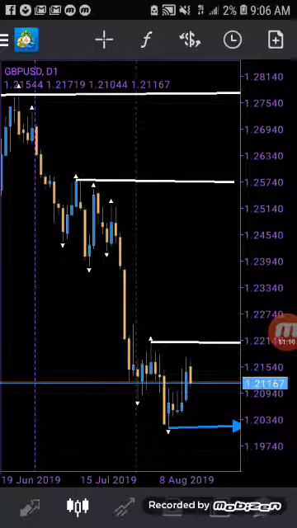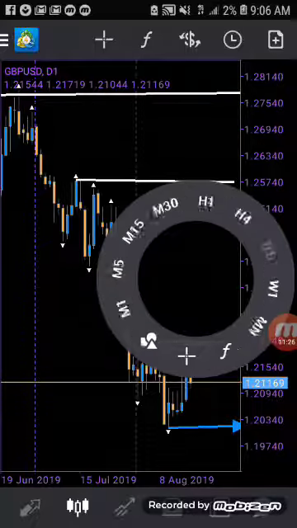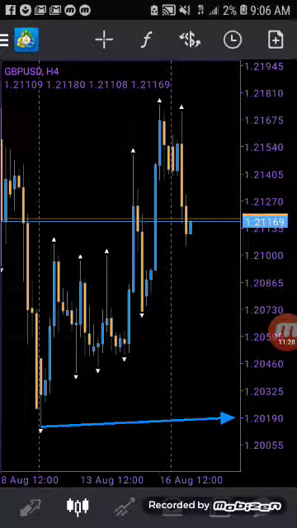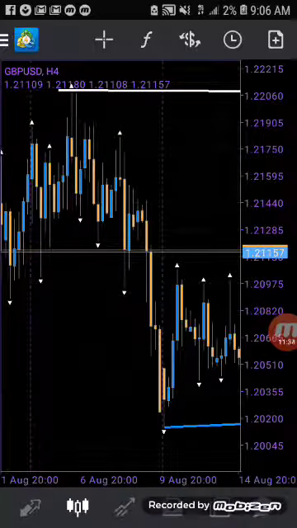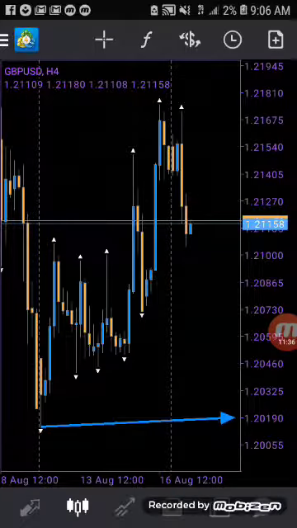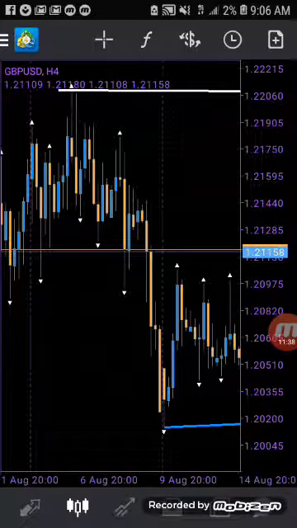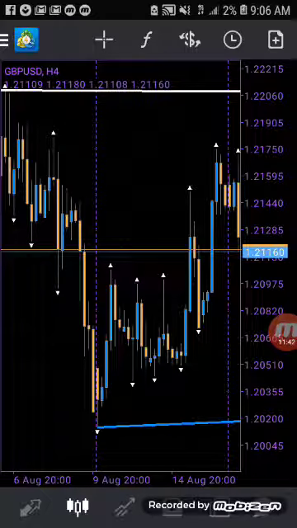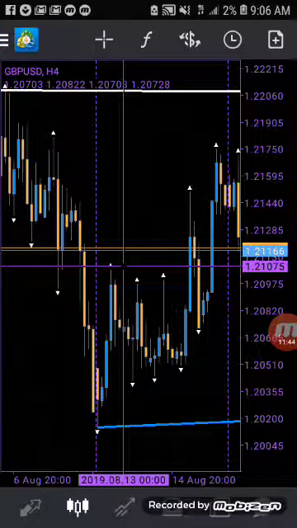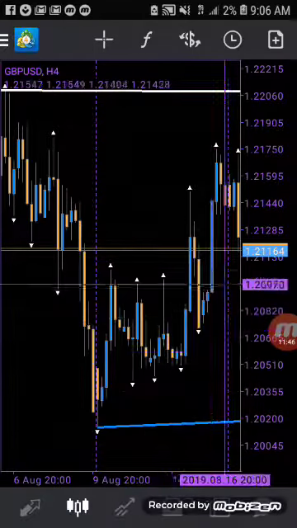So the accumulation phase could be down here. But taking the daily time frame first, then we go to your 4 hour. Let's see. On a smaller time frame, it looked like on the 4 hour the accumulation phase had already begun in the markup phase.